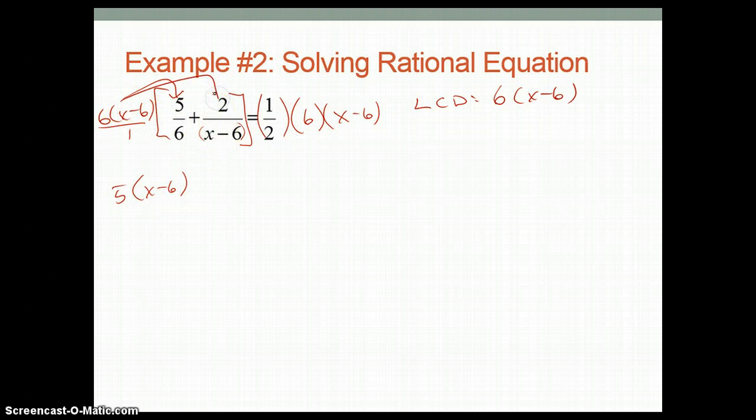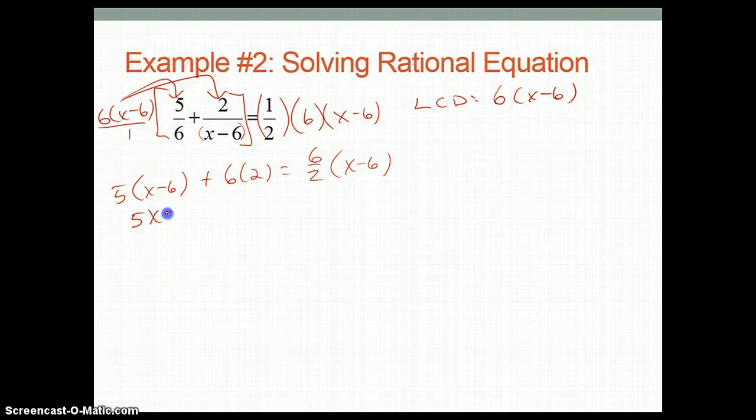When we multiply it by the second part, the x minus 6's go away, and we're left with 6 times 2. And then on the right side, that's equal to 6 over 2, and it's times x minus 6. So all I did was multiply these two together, and I kept the x minus 6 there.